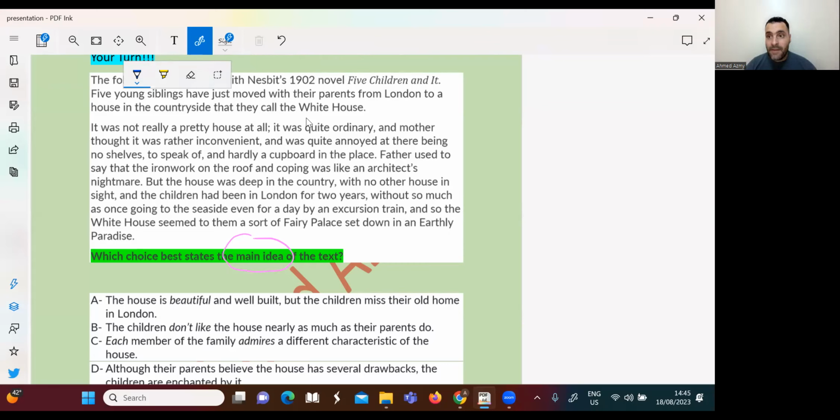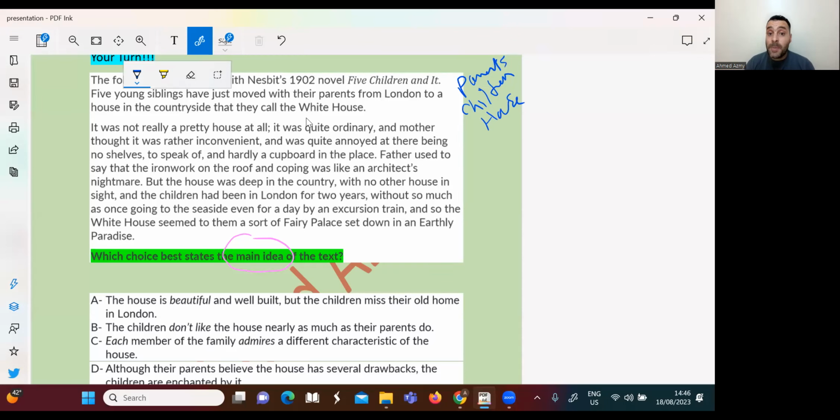So we have characters, five young siblings, children, parents, and the setting, the house, White House.